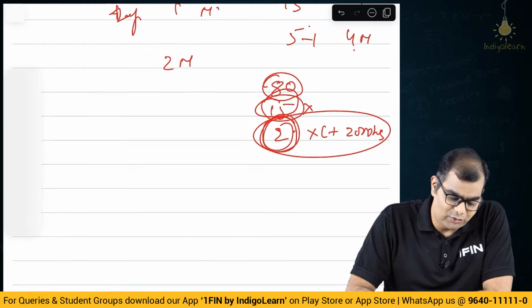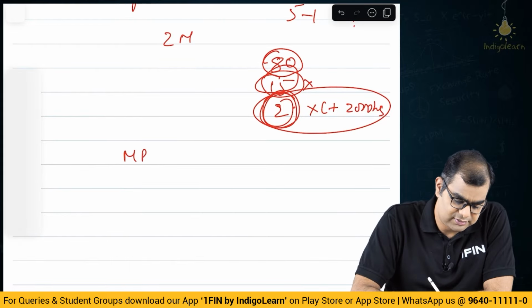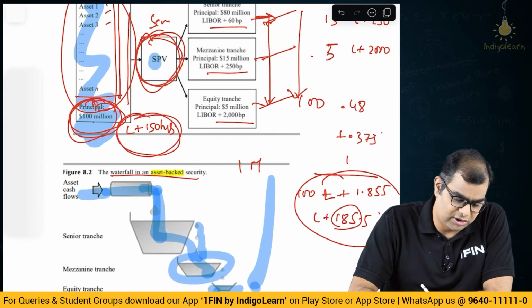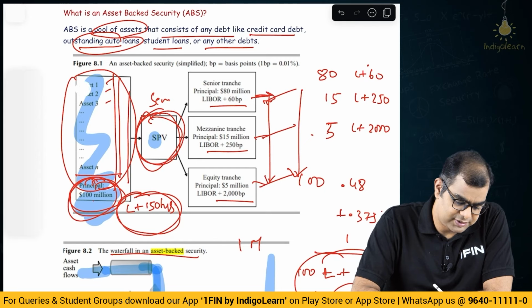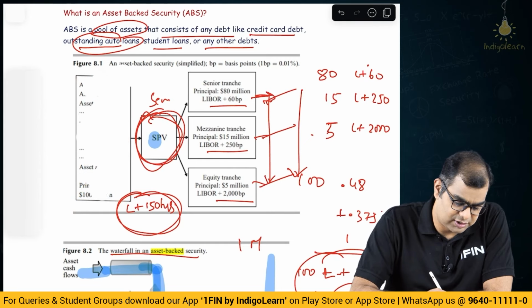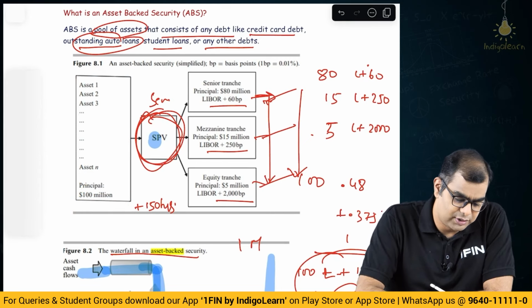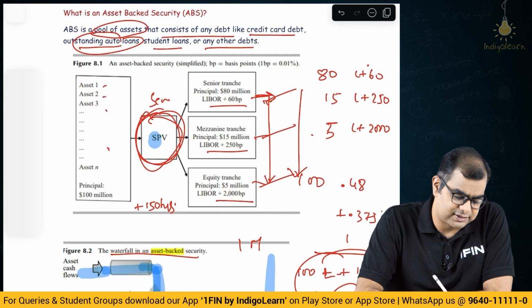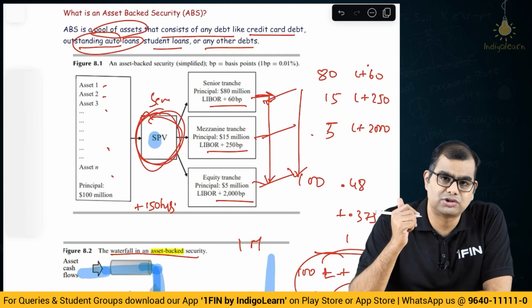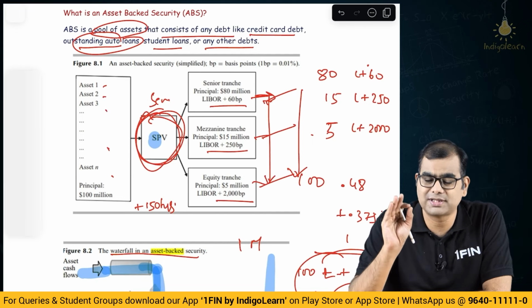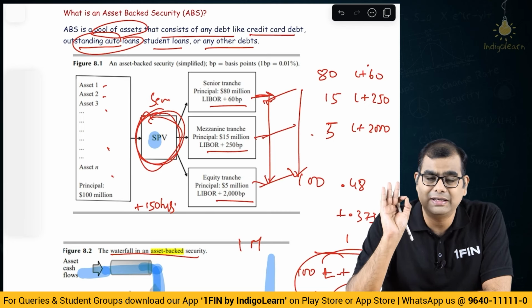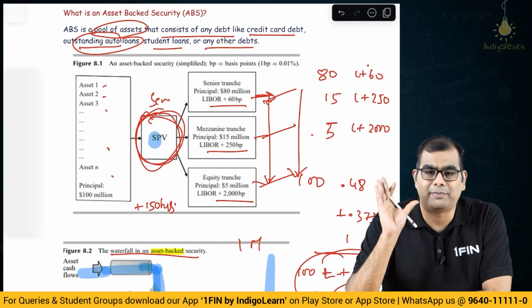Okay. Now friends, what are mortgage-backed securities? Very, very simple, nothing complicated. In this chart what you have seen here, I have told each one is an asset. Asset could be multiple varieties of loans. It's a mortgage loan. A mortgage means a housing loan or a loan for property.